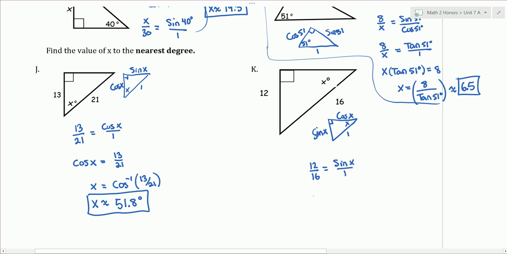I'm going to flip the fraction around, put sine x over 1 on the left hand side, and I'm going to reduce 12 over 16, dividing them both by 4, to get 3 over 4. Again, I need to get x by itself, so I use the inverse sine function.